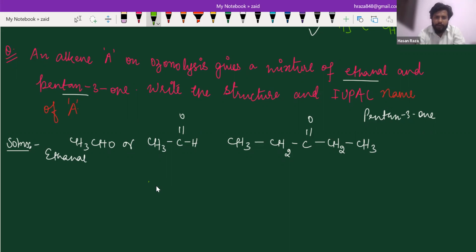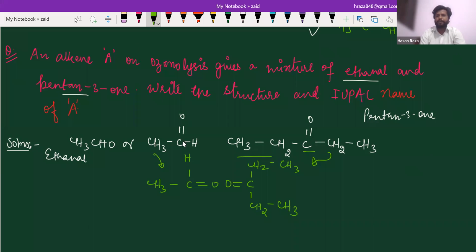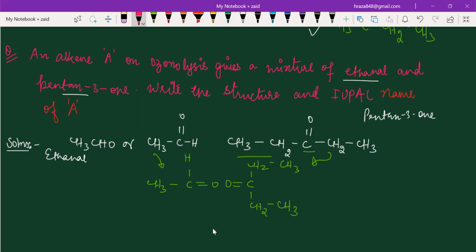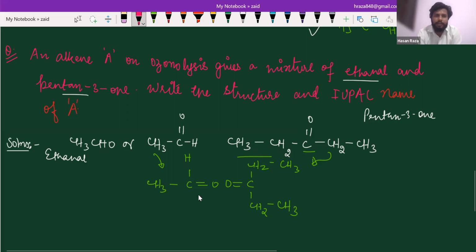I'm going to write this as CH3 C double bond O and H, and this as C double bond O first, and then there is CH2 and then CH3, and this carbon is also associated with CH2CH3. Can I write this as this and this as this? All of you. Yes, sir.